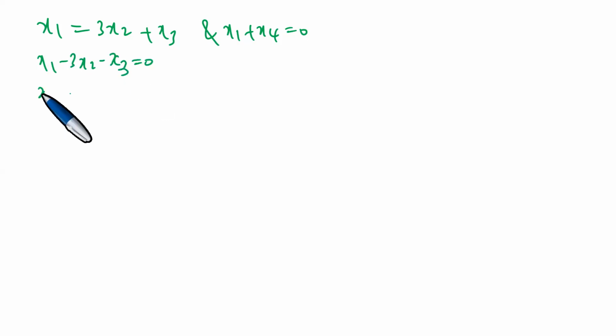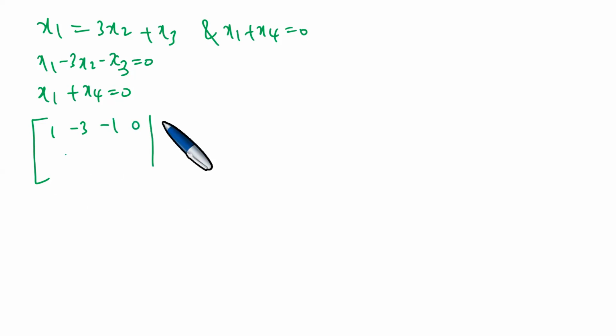Which means it's 1, minus 3. If you have this, you can write this thing as a matrix, which is x1 is 3, so you can write minus 3 minus x3.